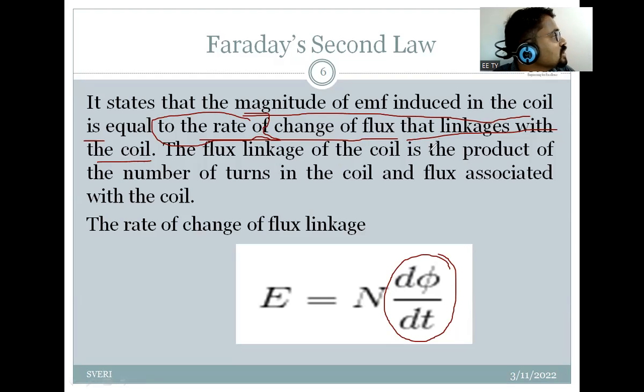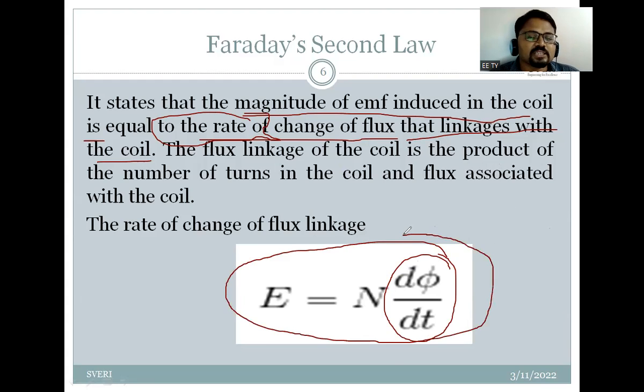The rate of change of flux linkage. Why? Because depending upon how many times there is a flux linkage, he proposed one equation. And which is that equation? See, he proposed this equation, that is nothing but E is equal to N d phi by dt. Now, why has he considered this N? Can anybody tell why he considered this N?